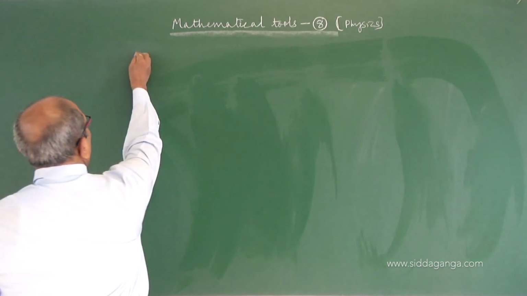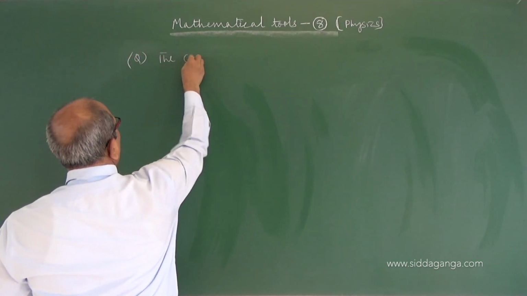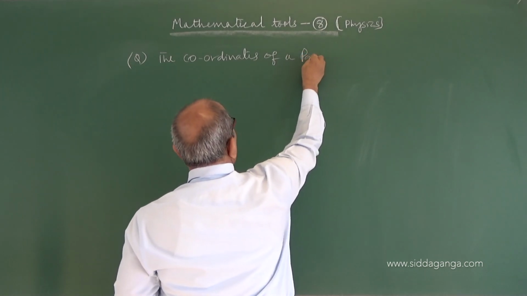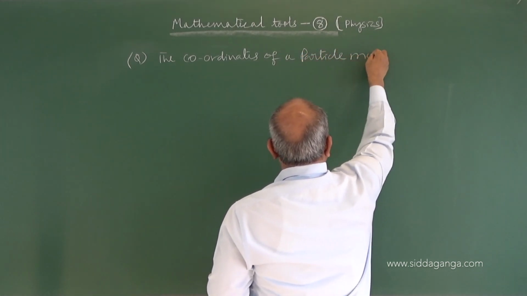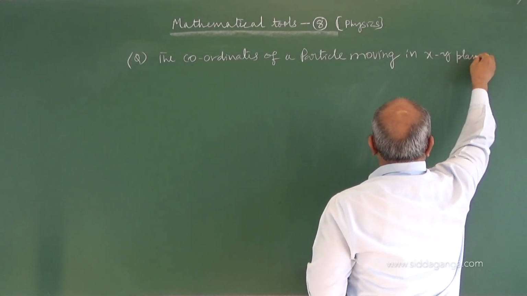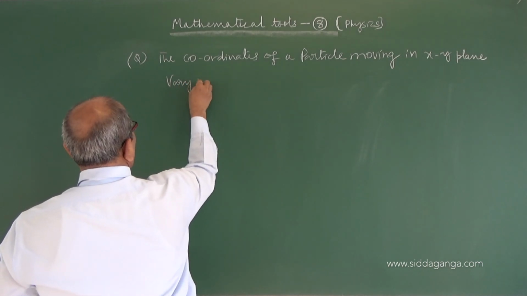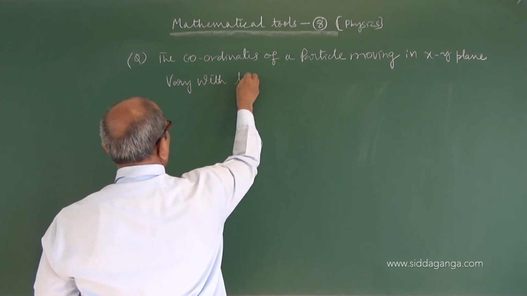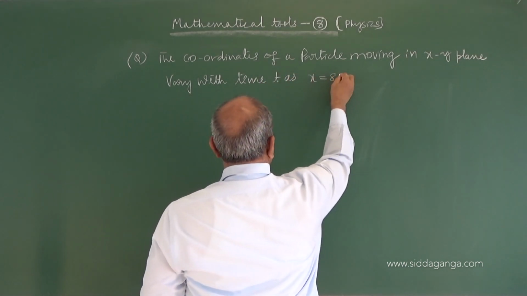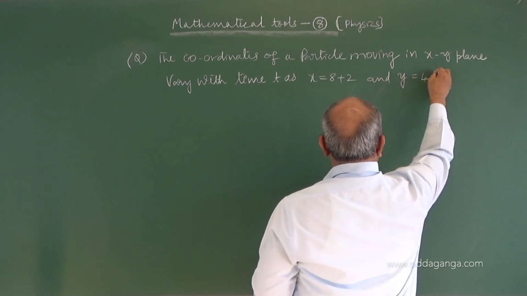So let us take another question. The coordinates of a particle moving in the xy plane vary with the time t as x is equal to 8t plus 2 and y is equal to 4t.